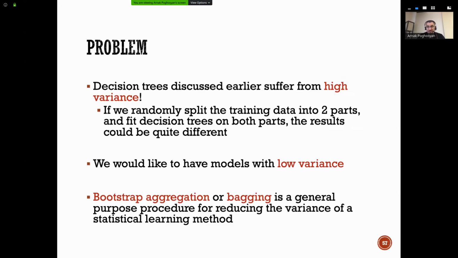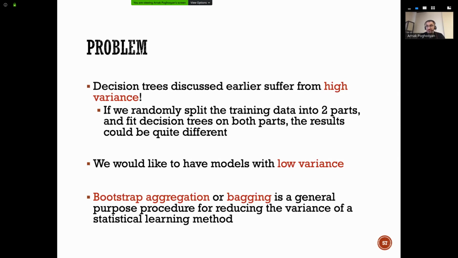So the main approach which will decrease the high variance is connected with bootstrap aggregation. Bootstrap aggregation is the same as bagging. We construct different decision trees and then average them.